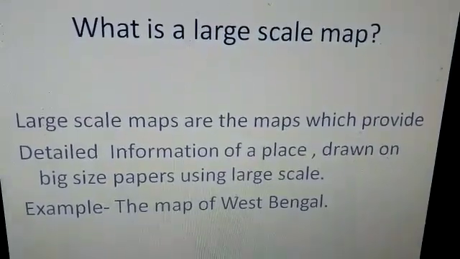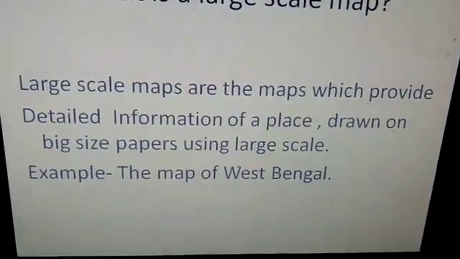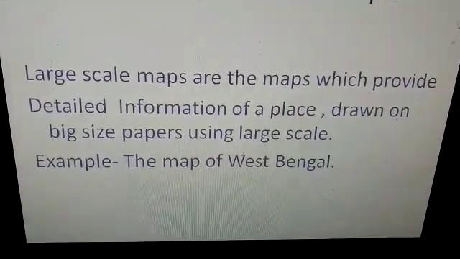Next, what is a large scale map? There are many types of maps: big, small, medium, like that. So what are large scale maps? In large scale maps we are always using big scales. A large scale map is a map which provides detailed information of a place drawn on big size paper using a large scale.